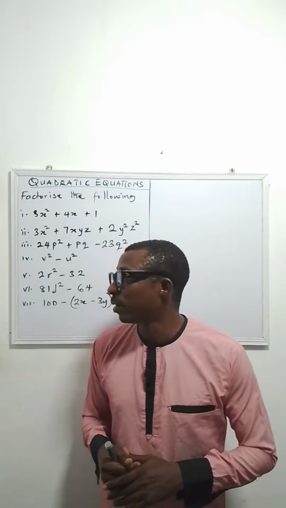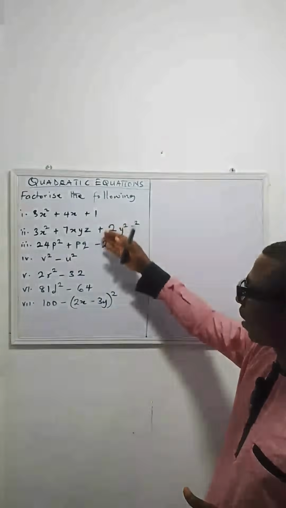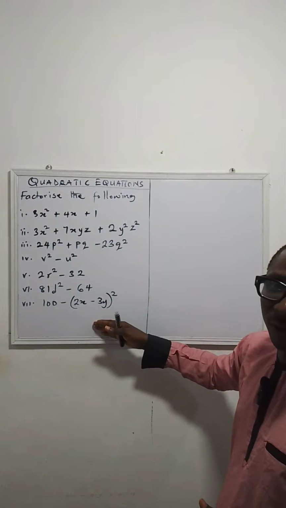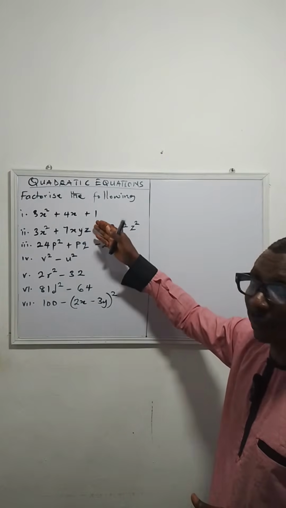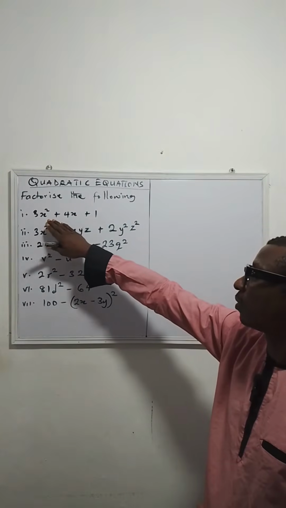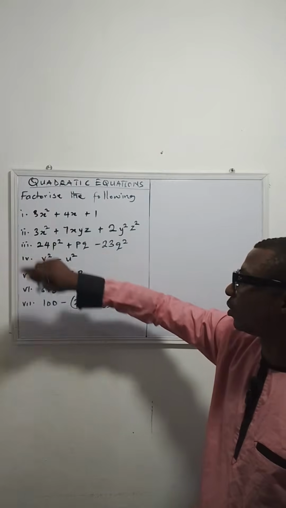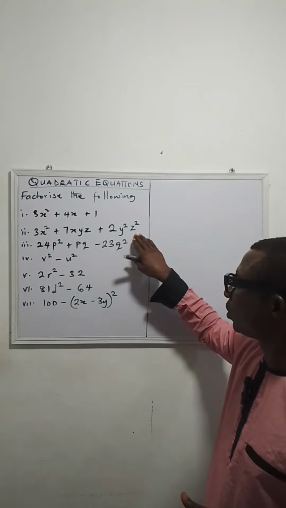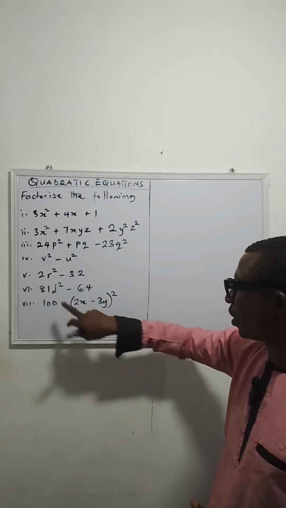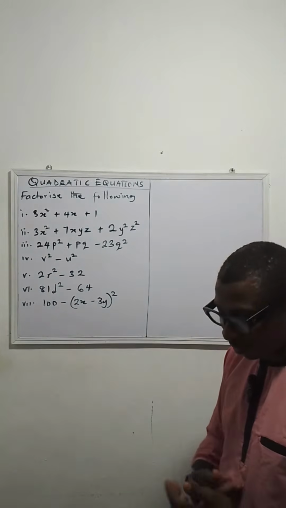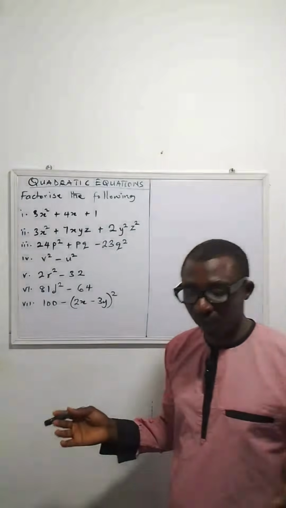All the questions we have here are examples of quadratic expressions. The maximum power of the unknown here is 2, as you can see. This is 2, this is 2, this one is also 2. Okay, so now let's swing into action.